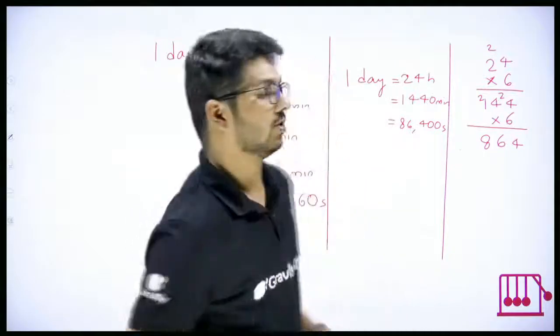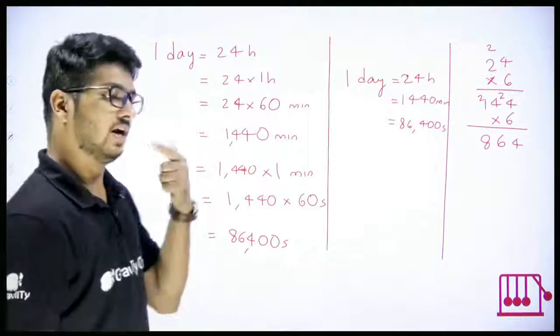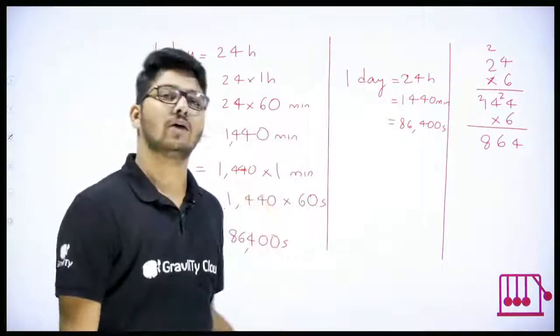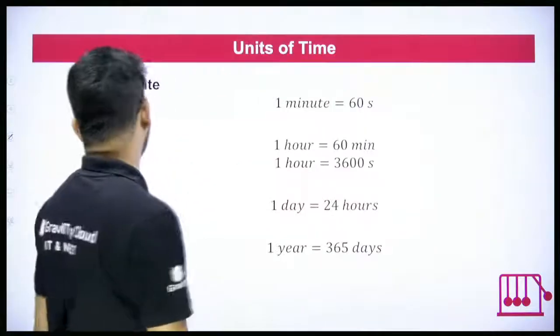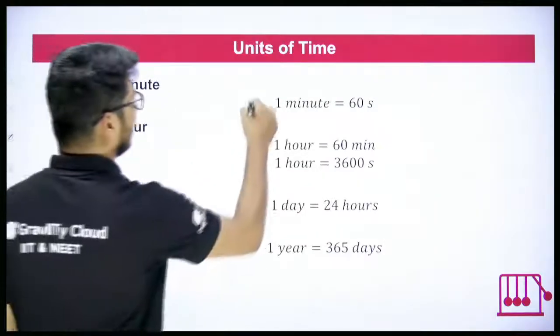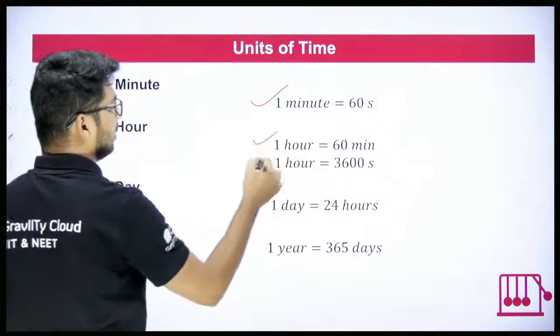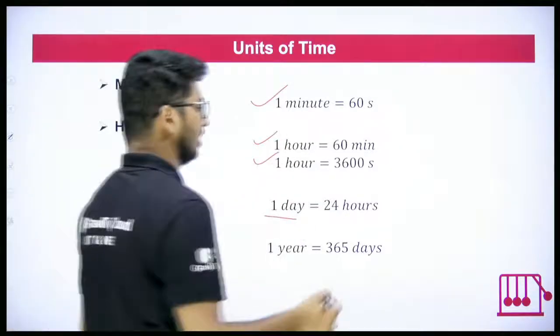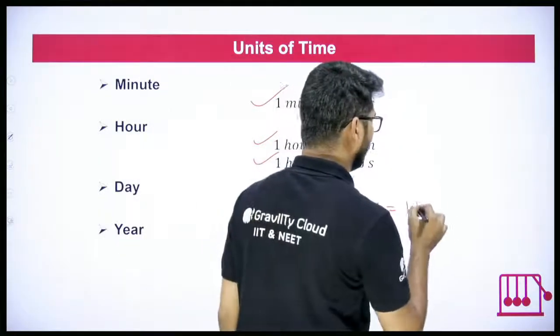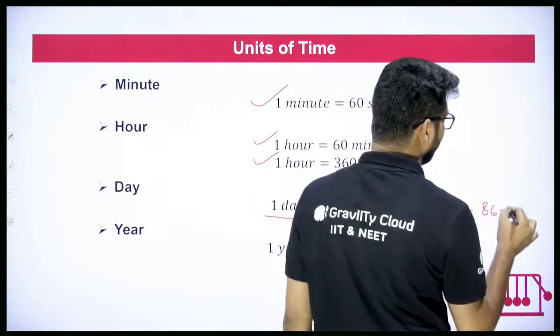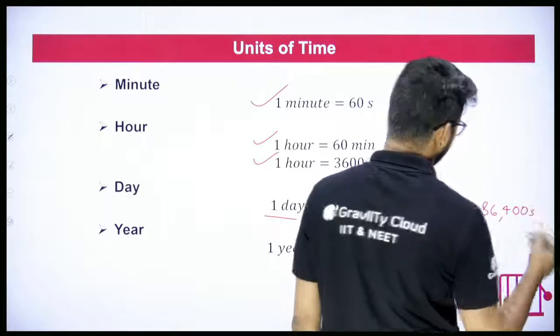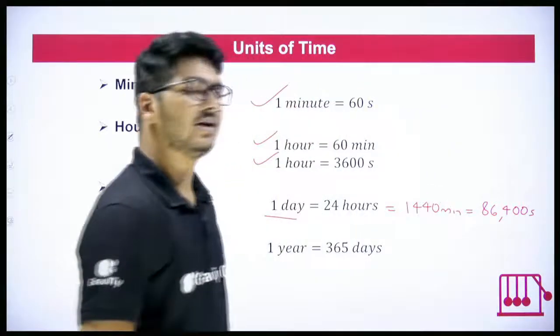Okay, wonderful. So we learned about 1 second, 1 minute, 1 hour, 1 day. You can clearly see here minute, done, hour, done, 1 day, 24 hours, 1440 minutes, or 86,400 seconds. Sir, should we remember it?